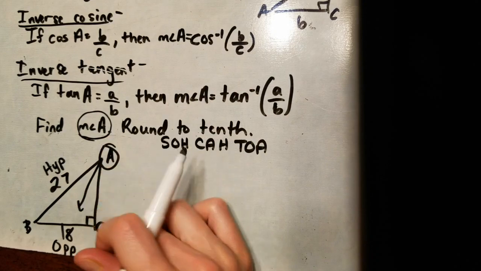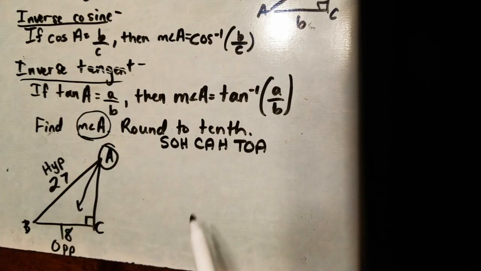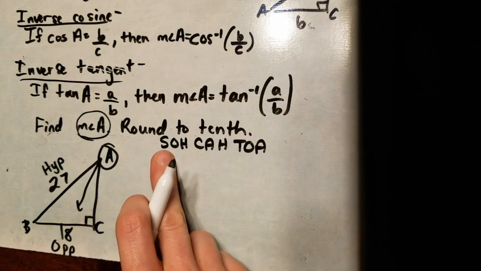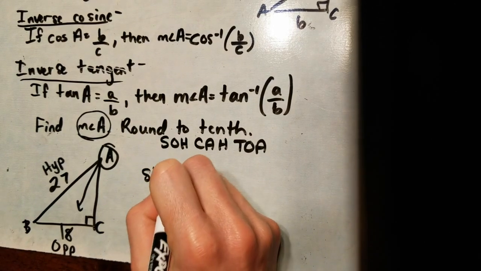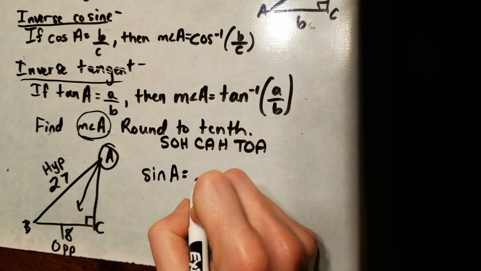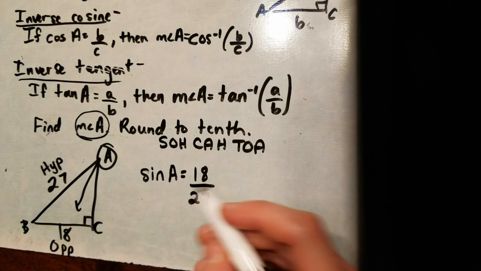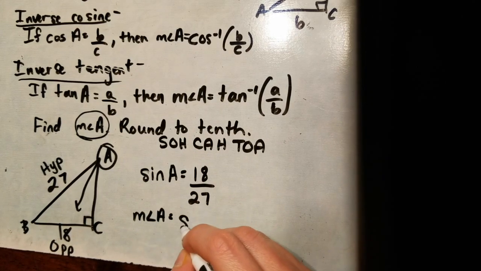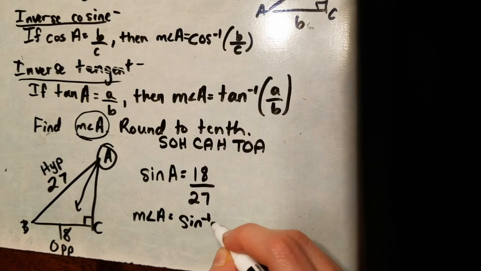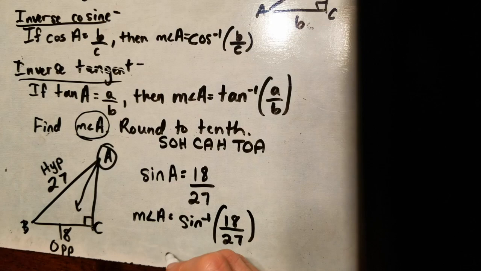This would be adjacent, but I'm not going to label it because there's nothing there. So I have opposite and hypotenuse. That means I'm going to use sine. So sine of A would equal 18 over 27. If I want to find the measure of angle A, then I'm going to use inverse sine of 18 divided by 27.